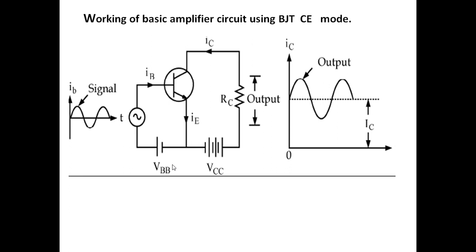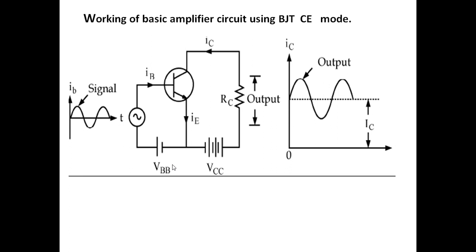What is the active region? As we discussed in common base, common emitter and common collector configurations, the output characteristics are measured between output voltage and output current. Take the example of the common emitter configuration.